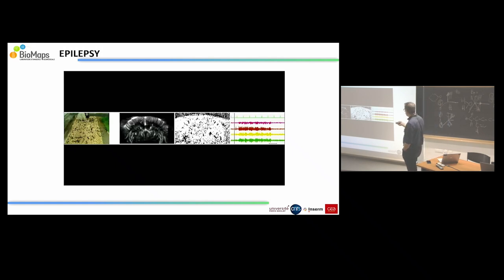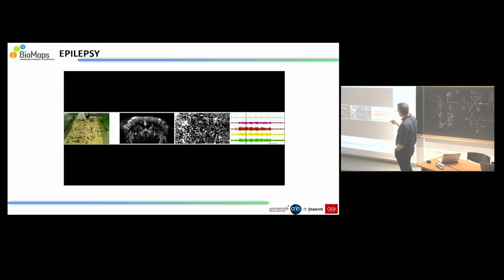Okay, it starts. The rat begins its seizure. You see it on the EEG. You see here the hippocampus that lost its blood flow. After, during the epilepsy, there is a loss of cerebral blood flow everywhere in the brain.